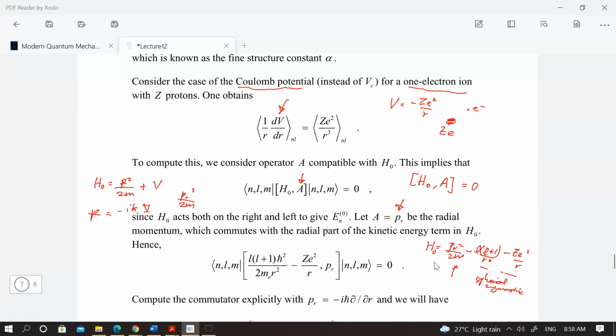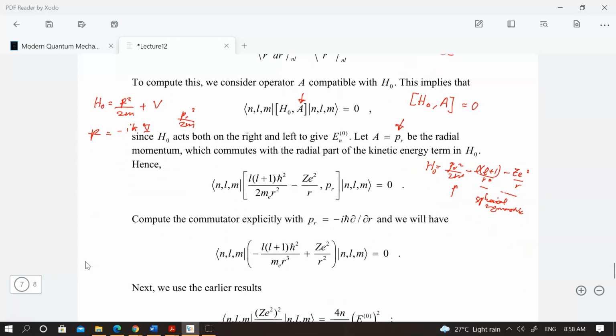So you go back to the first course, and for a spherically symmetric potential, this is actually true.